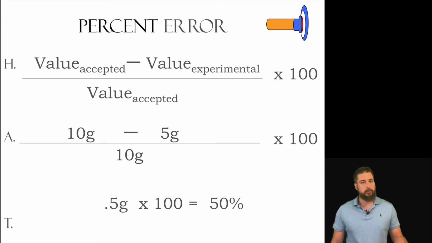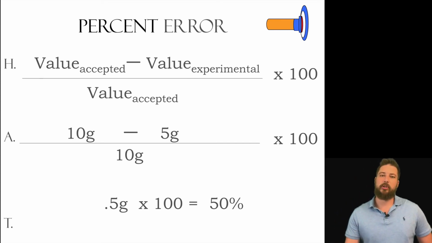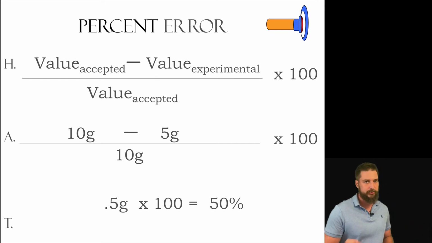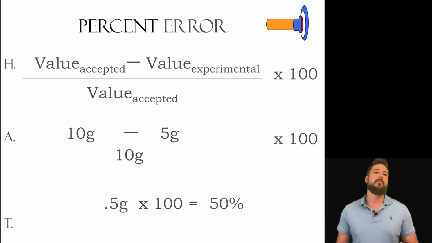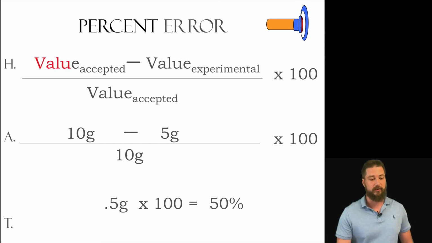If you take a look, we got our equation here on the top, accepted minus experimental divided by accepted times 100. That's a mouthful there. And if you take the 10 and you subtract the 5 and then you divide it by the 10 multiplied by 100, you get 50%. Now notice it's positive. It's positive because the experimental value is less than the accepted value.